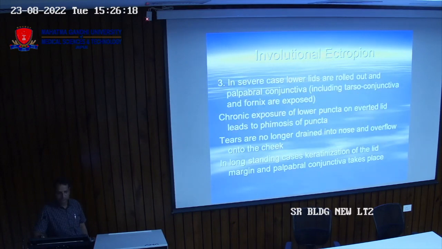In the third stage, or severe cases, the lower lid is rolled out and the palpebral conjunctiva, including tarsoconjunctival and fornix, is exposed. Chronic exposure of the lower puncta on the everted lid leads to phimosis of the puncta. Tears are no longer drained into the nose and overflow onto the cheek. In long-standing cases, keratinization of the lid margin and palpebral conjunctiva takes place.